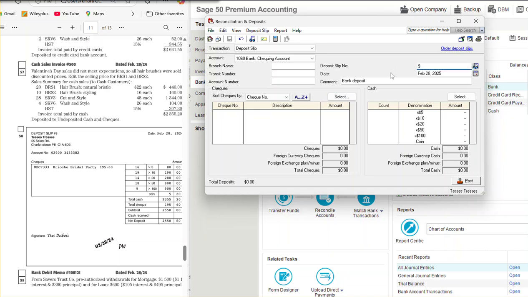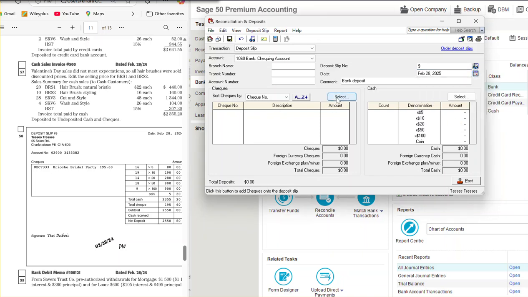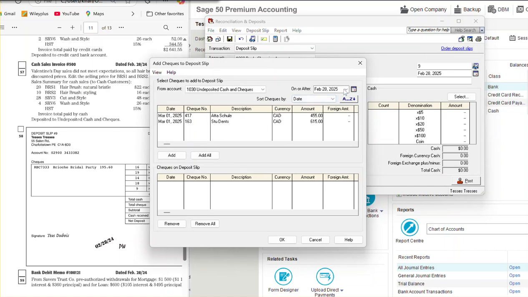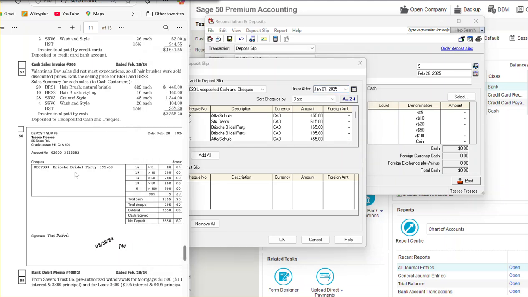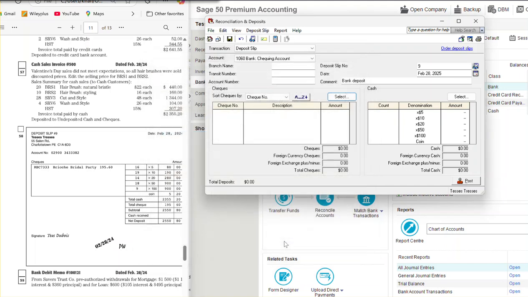I don't know what happened to my 8, but that's all right. February 28th, I will select, and I am going to check the date, and that is your 195 is a bridal RBC. Okay, we're going to say okay.